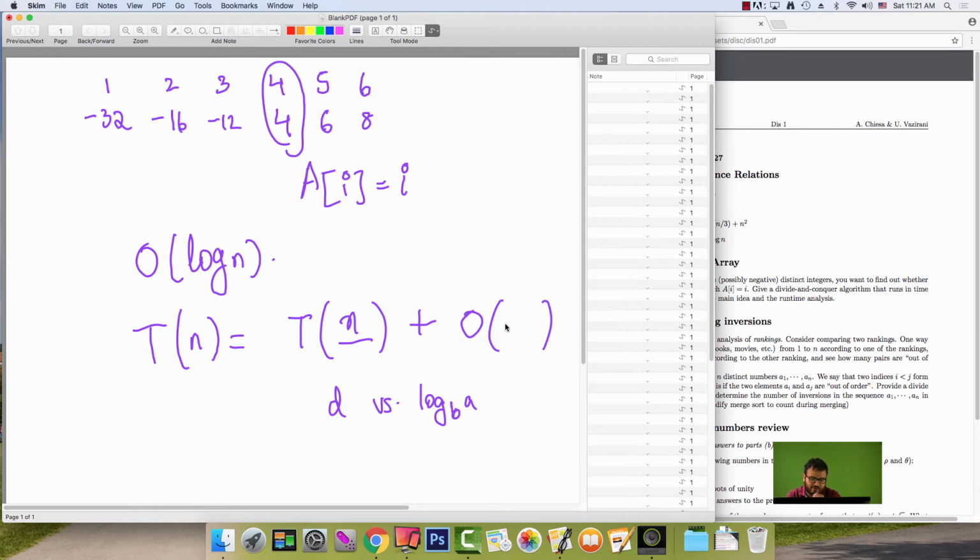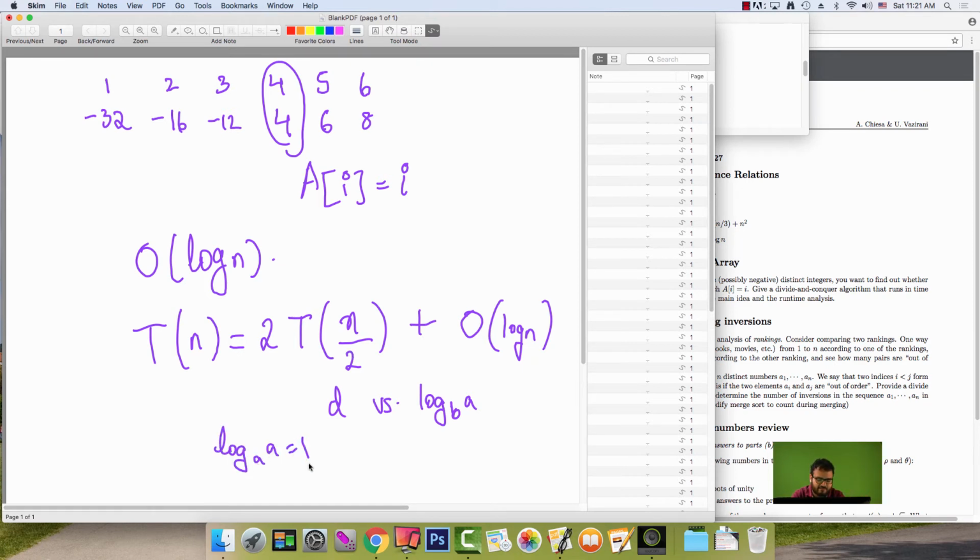We could do maybe O of log n or something smaller, but this is a pretty good indicator that you cannot do a linear amount of work in these kind of questions when you have O of log n. And moreover, let's also think about the similar ones that we've seen before. We've seen something that looks like this, right? 2T of n over 2. What happens in this case? Well, whenever a and b are the same, log base a of a is always 1, right?